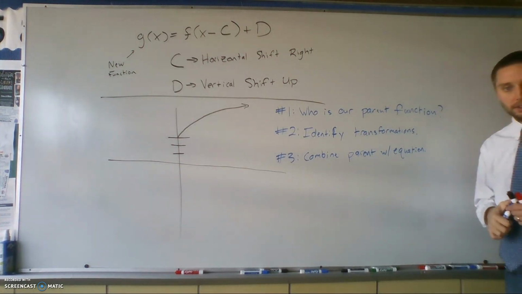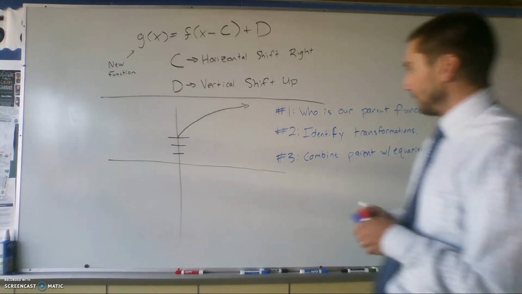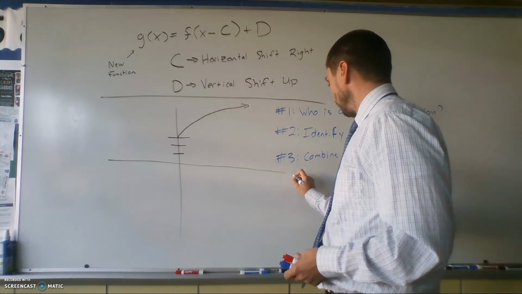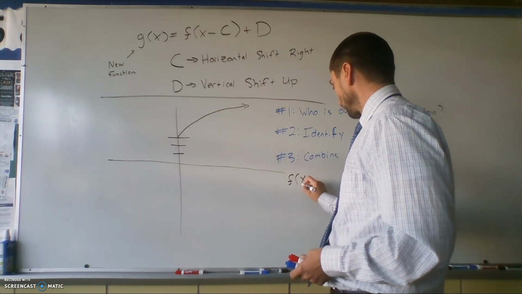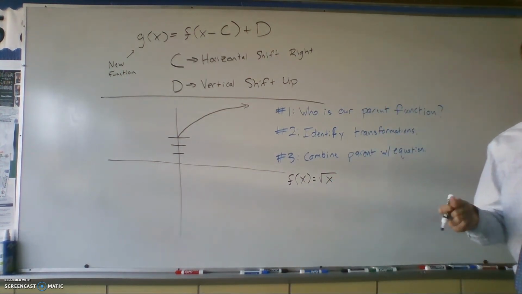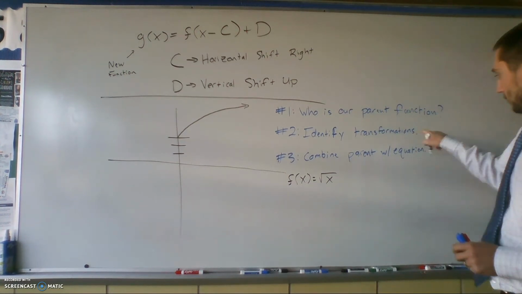Okay, so step one, who's our parent function? My parent function is square root of x. We just have to start being able to identify those. So the parent function is the square root of x.